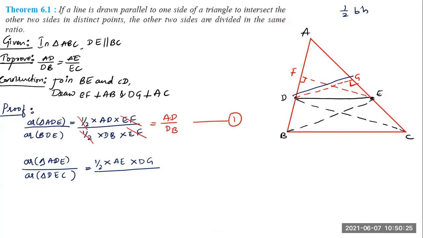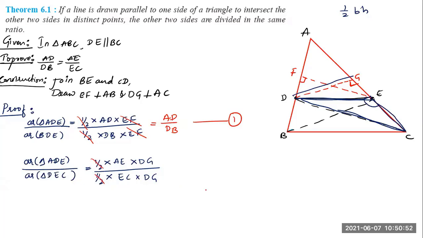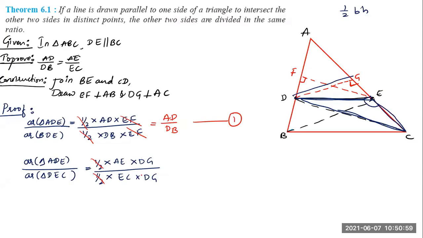For triangle DEC, this is also an obtuse angle triangle. So DG will become the height of this triangle. Again 1/2 into EC into DG. Next, doing the cancellation, 1/2 and DG will cancel.